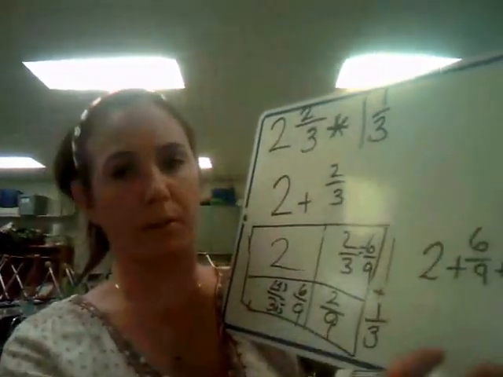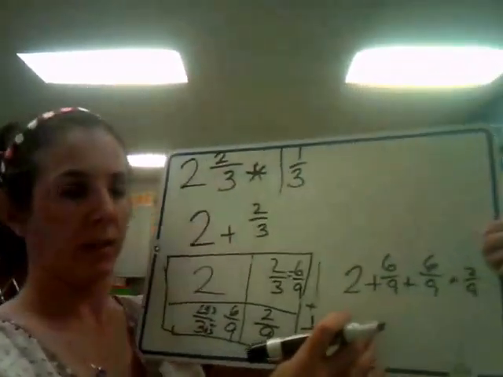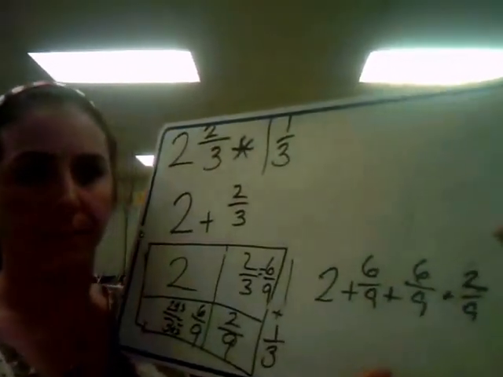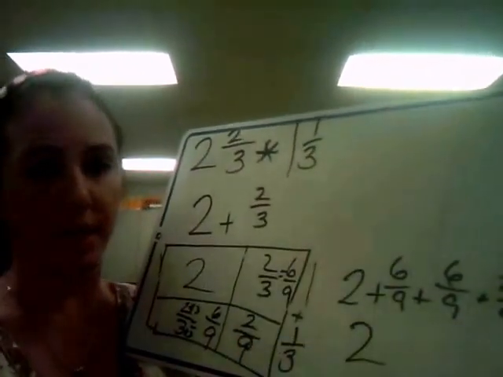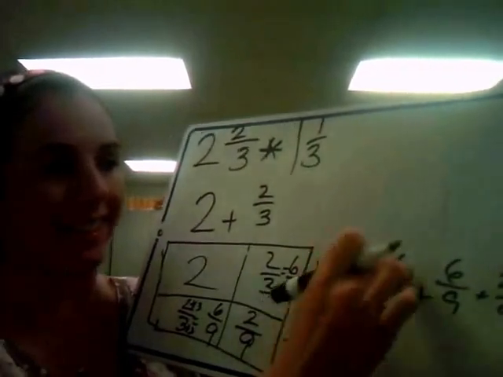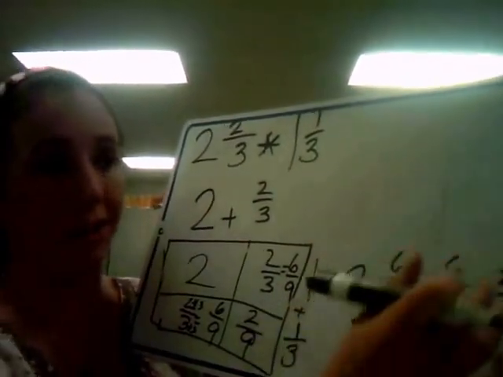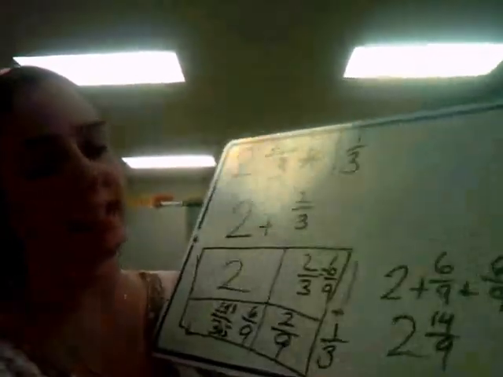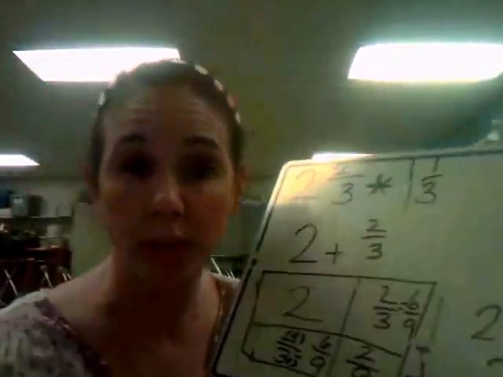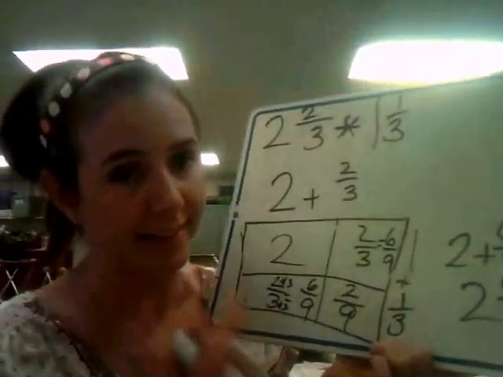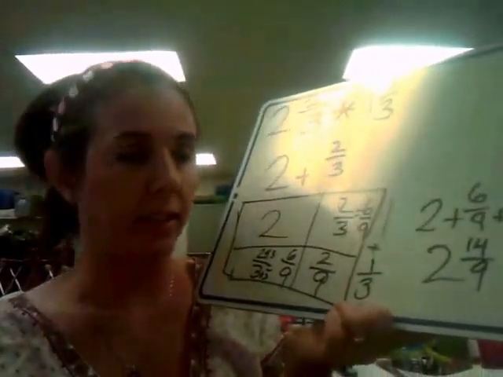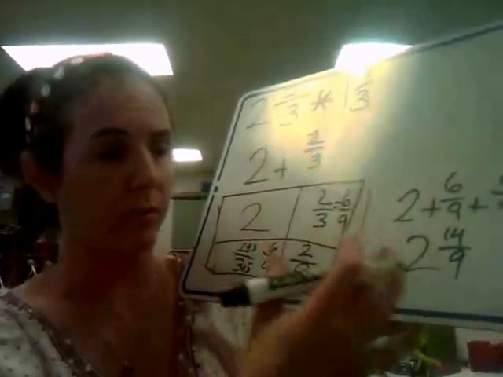Now there's no other whole number to join this 2. So I know that 2 is still there by itself. There were no other whole numbers here. But I've got 6 plus 6, which is 12, plus 2, which is 14. And I'm sorry, you guys can't leave it that way, 2 and 14/9, because 14/9 is an improper fraction with a mixed number, so we don't do that.